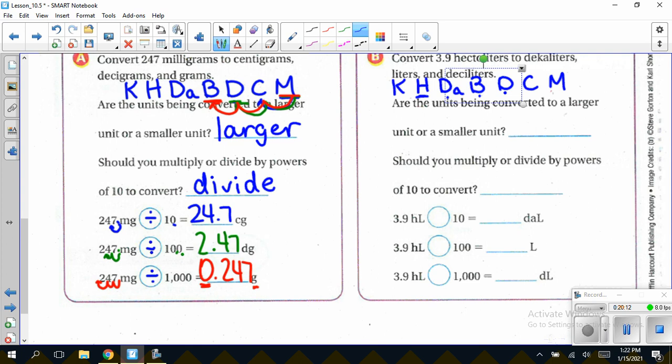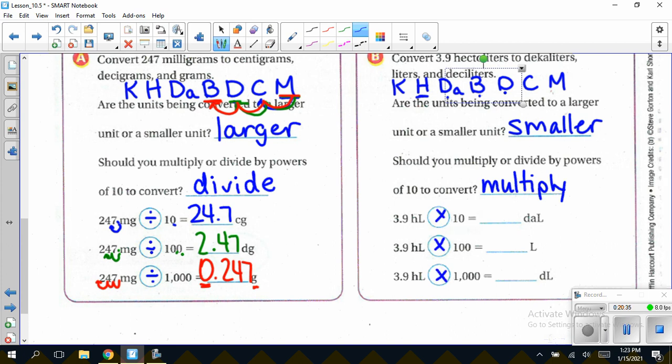So I do see that I'm going from large to small, so I am going to a smaller unit. And when you go from horse to fly, we know that we are multiplying. So place all my multiplication symbols.